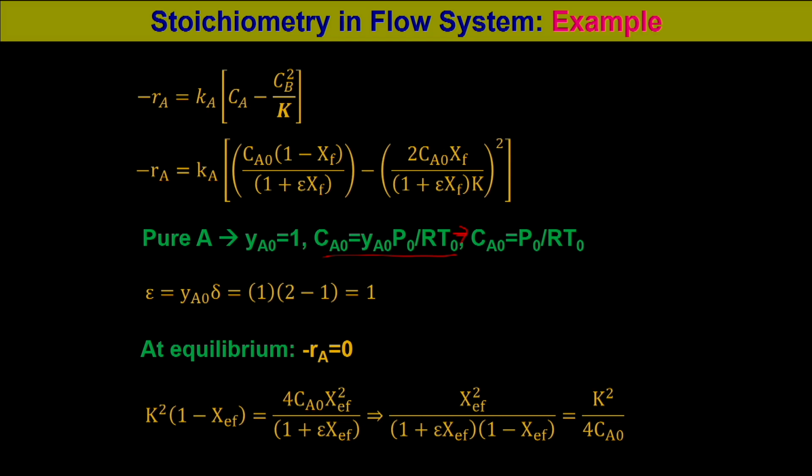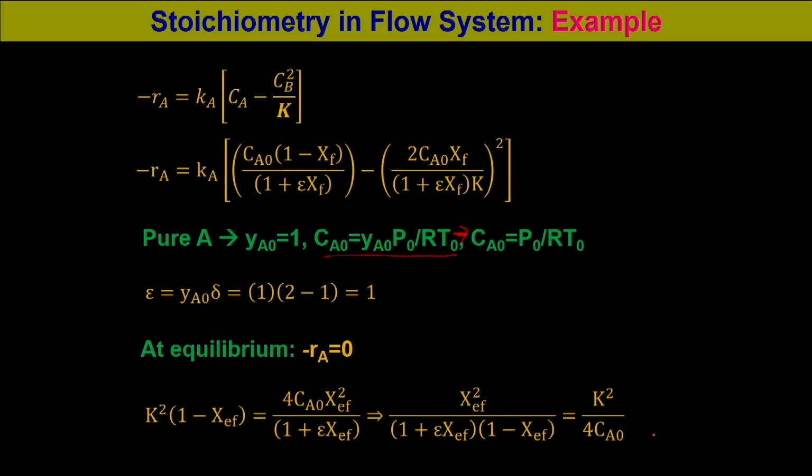In this case, if we substitute that part, we would have K square into (1 minus Xef) equal to 4 Ca naught Xef square divided by (1 plus epsilon Xef). Xef is the equilibrium conversion.